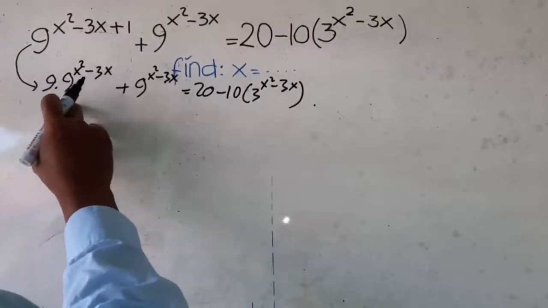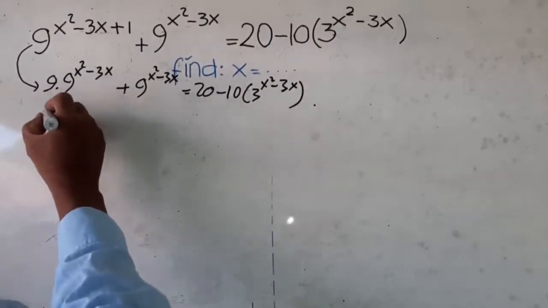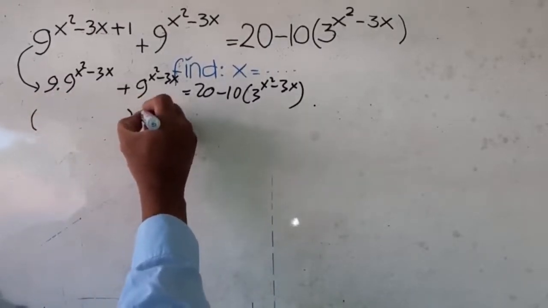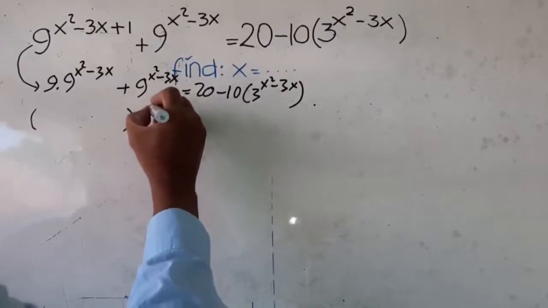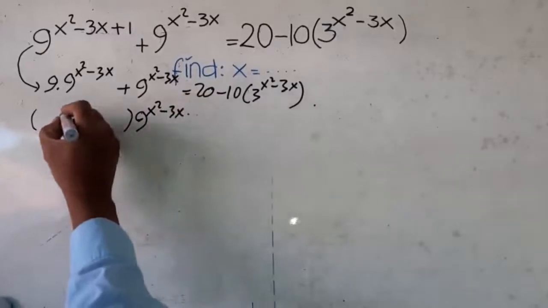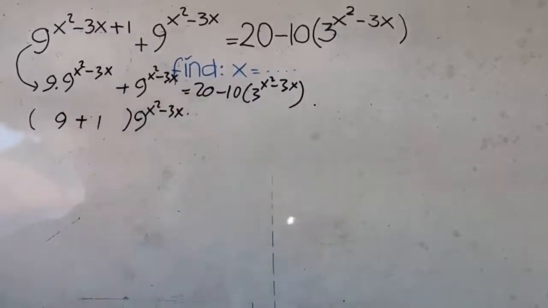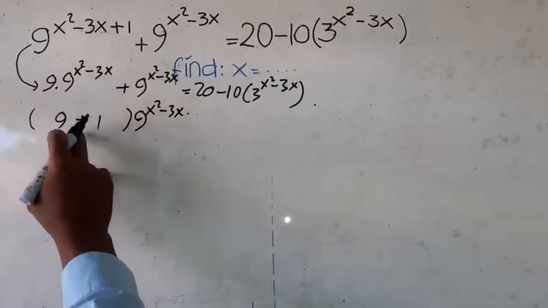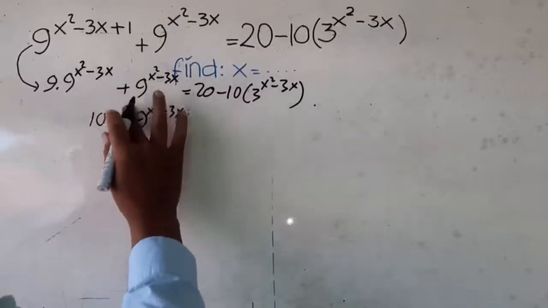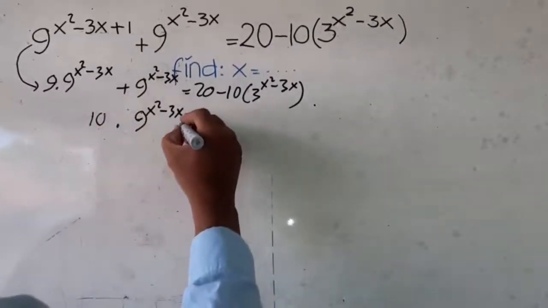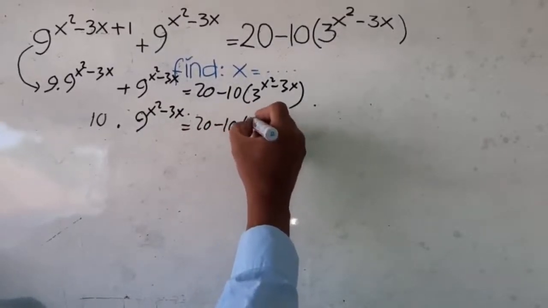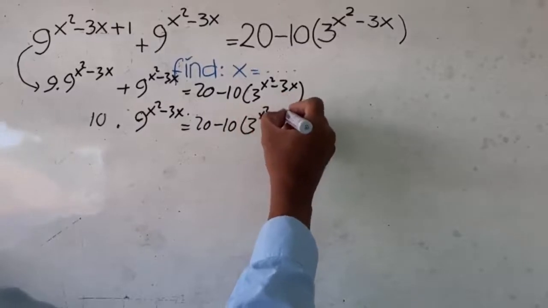This equation can be read as x square minus 3x, 9 plus 1, and that so becomes 10 equal 20 minus 10 times 3 power x square minus 3x.